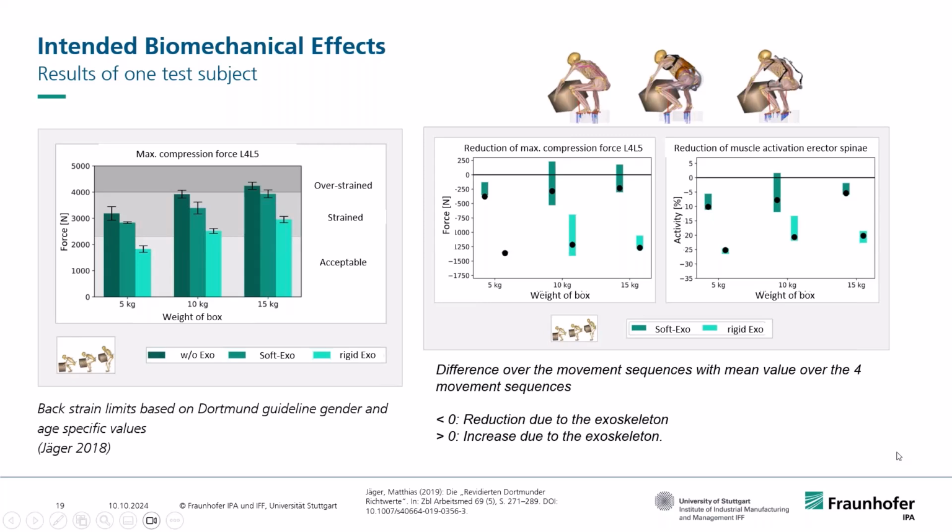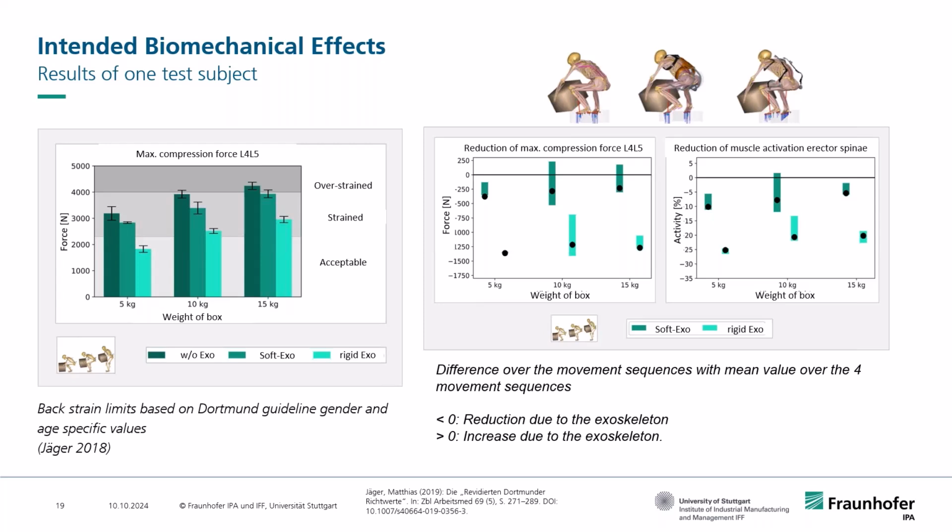What we want to show is that it's very crucial that you consider the age and gender specifics in detail and compare the different exoskeletons in their effectiveness. The AnyBody modeling system offers a tool to do this, to quantitatively assess the effect and compare it within the different conditions. And on the right side, you see a different way of visualizing the effect.